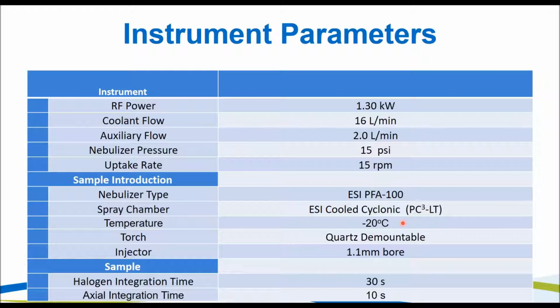We ran it down at -20, which is the lowest temperature it can run. Ports demountable, and went back to the 1.1 millimeter bore again. With the gasoline volatile, we're doing everything we possibly can to reduce the amount of material getting up into the plasma. We integrated the halogens for about 30 seconds, and we integrated the silicon for about 10.